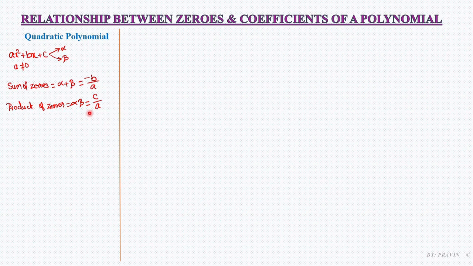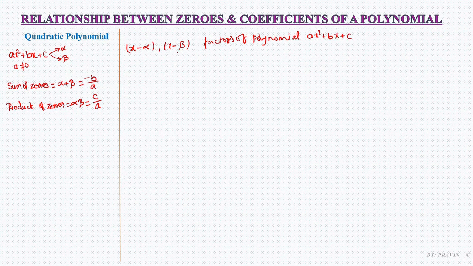So here one tip that I want to give you is that, since alpha and beta are zeros of the polynomial ax² + bx + c, this means x - alpha and x - beta will be factors of the polynomial ax² + bx + c.